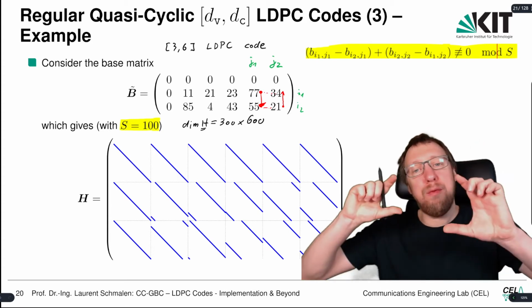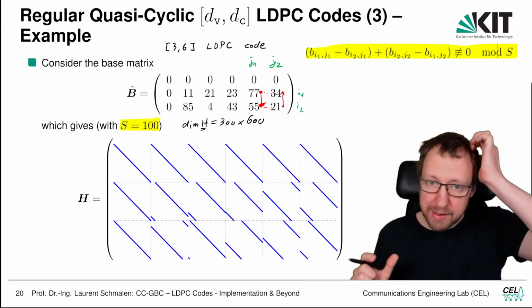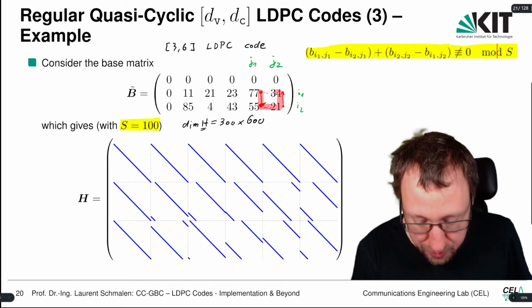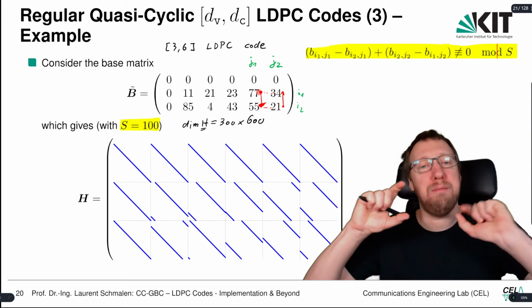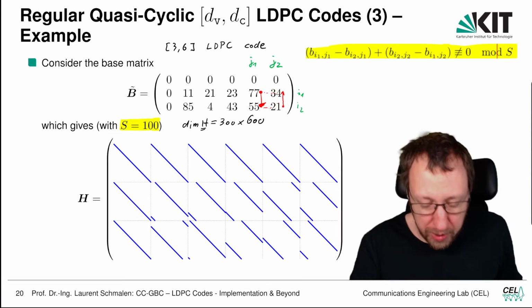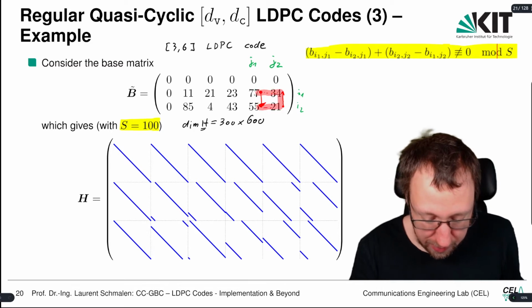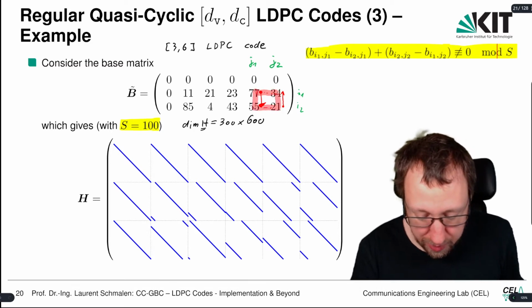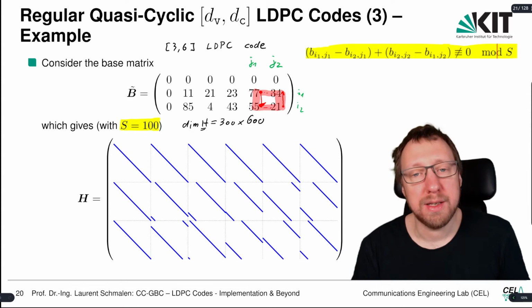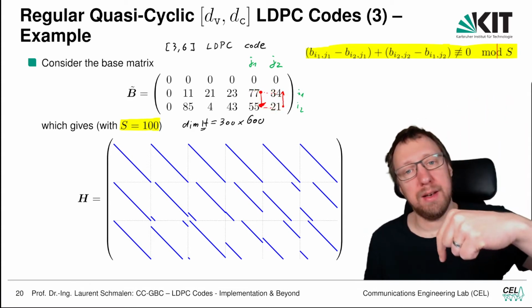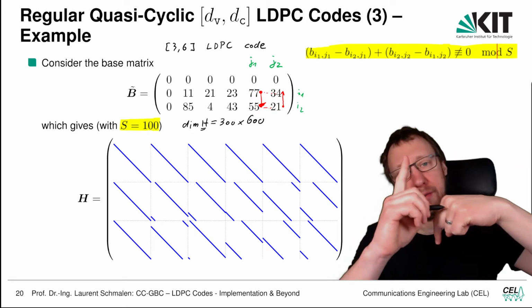So again, we look at such a square in the base matrix. And then we go around the square in a circle. So like we go down, we go left, we go right, we go up. So we go in a circle, and then we take the difference always. When we go down, we take the difference. When we go up, we take the difference.